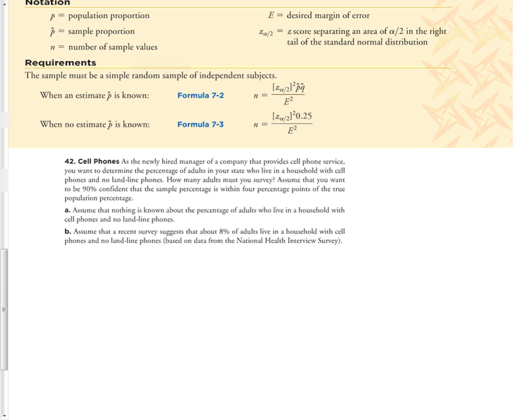I want to draw your attention to this phrase: within 4 percentage points of the true population percentage. The definition of the margin of error is the maximum likely distance from the population proportion to the sample proportion. So what they're giving you there is the margin of error. You want to be within 4 percentage points; that's the maximum likely distance from p hat to p.